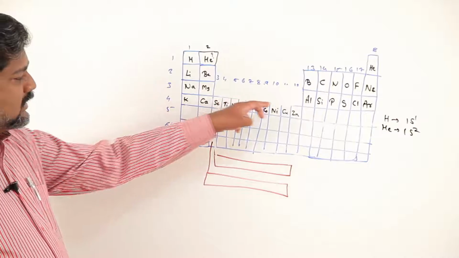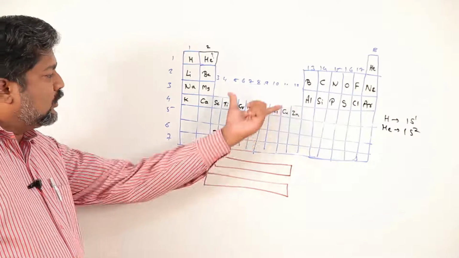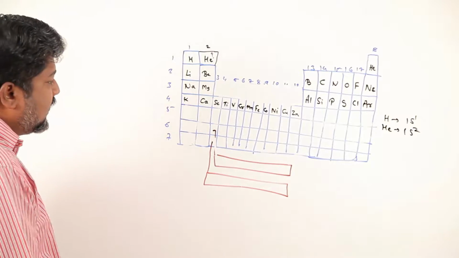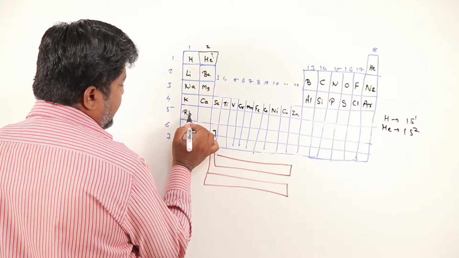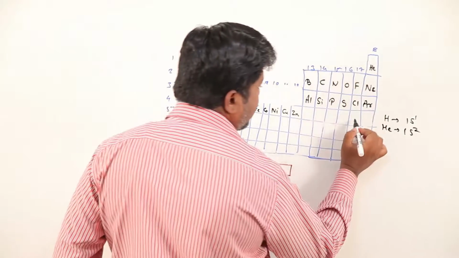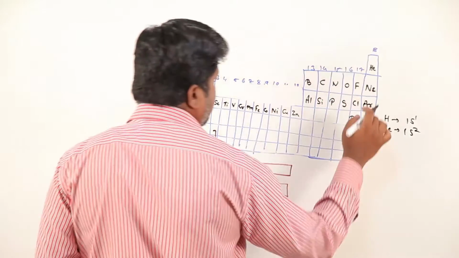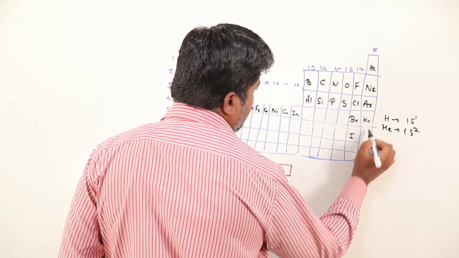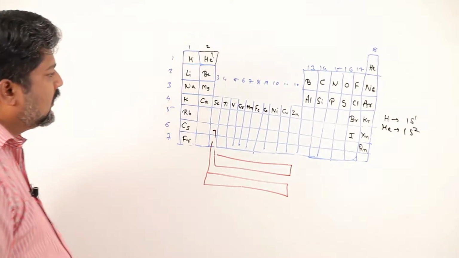So like that, these elements are there. As I explained, we have to keep these elements in the structure. Then potassium, rubidium, cesium, francium. Here fluorine, chlorine, bromine, iodine, argon, krypton, xenon, radon.